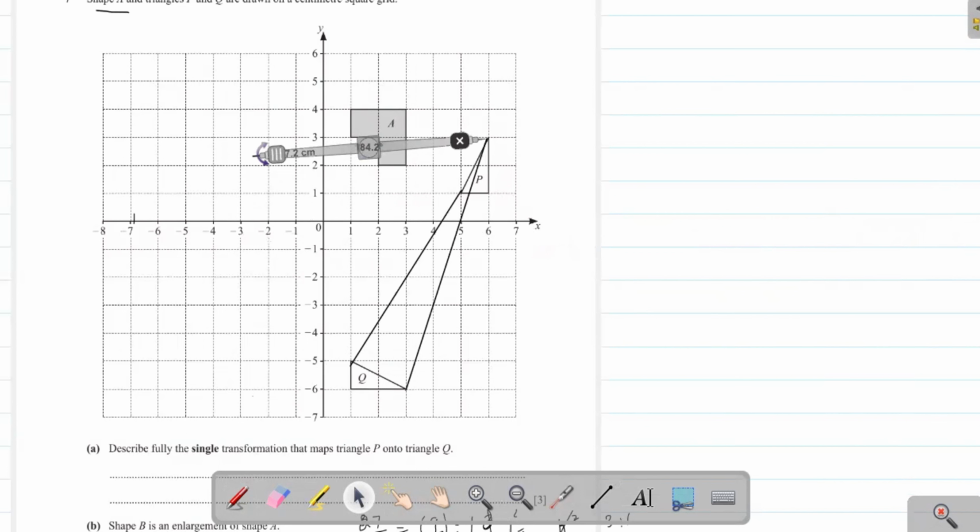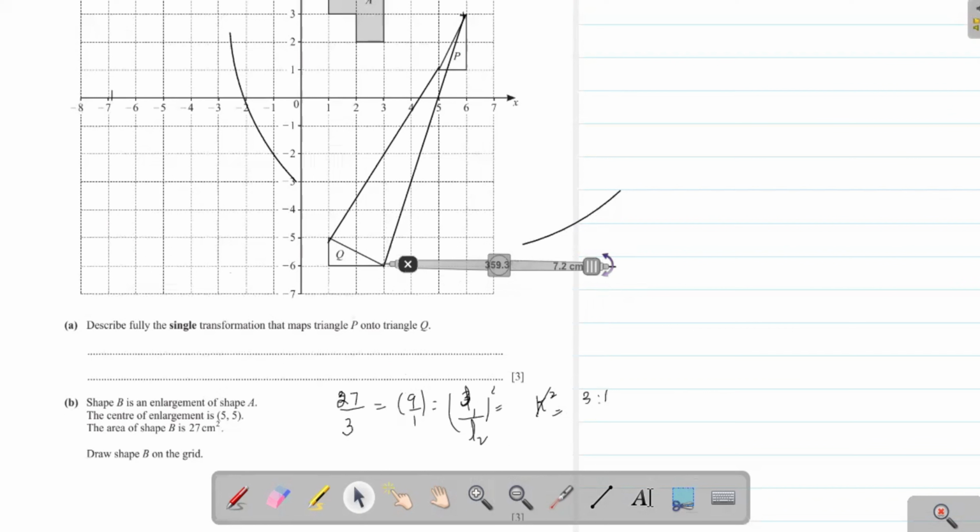We will draw an arc, firstly on the left side. Next, we will draw the arc here on the right side. These two arcs intersect at this position. And next, we will draw the arc on the left side, and both arcs will intersect at this position.